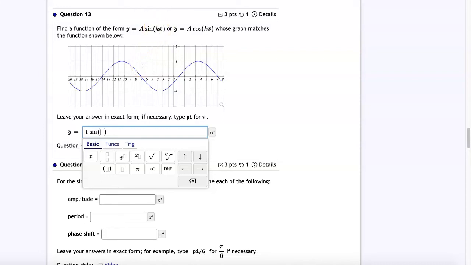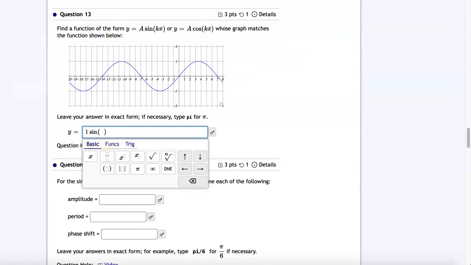So to compute this k value here, since the period going from -14 to 0 means we have a period of 14, and the period is equal to 2 pi over b, or in this case, the b value is represented by the variable k. So if you solve this equation for k, you end up with k is equal to 2 pi over 14, or pi over 7.